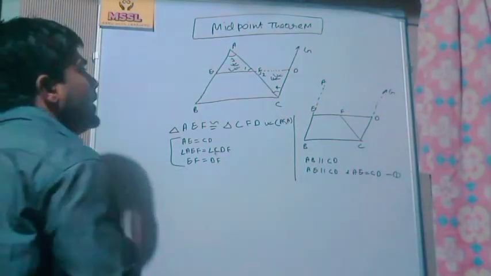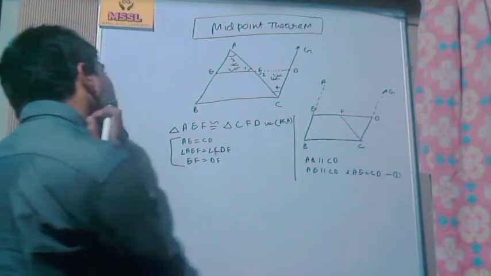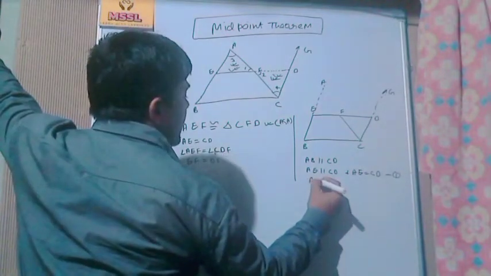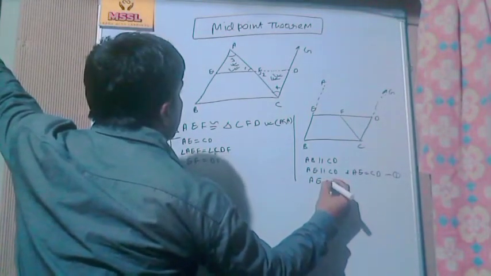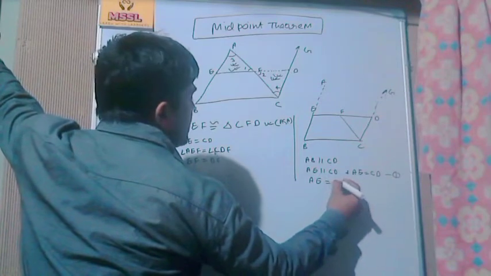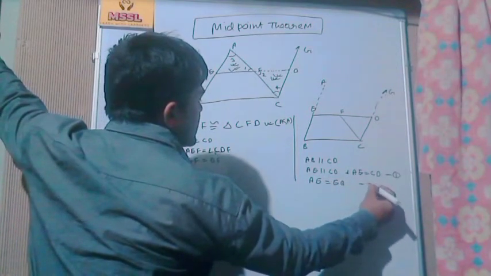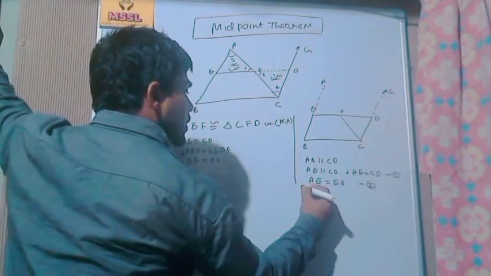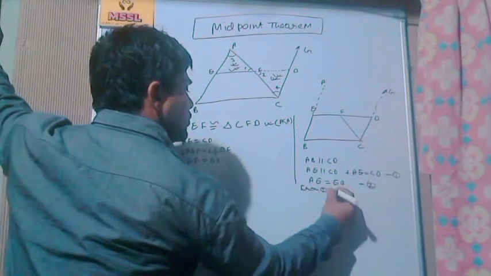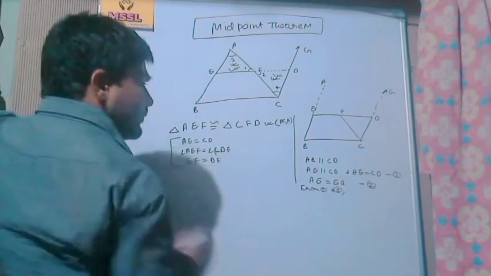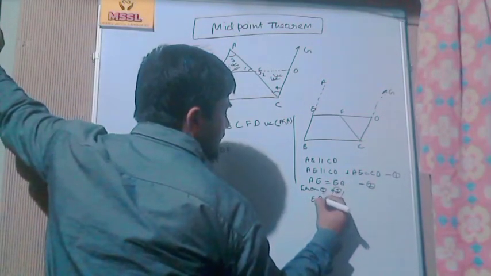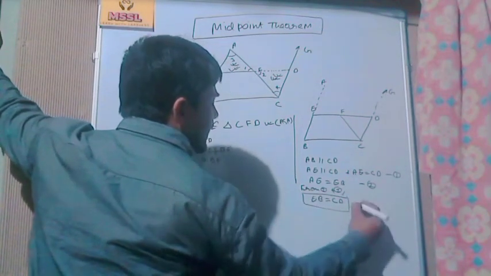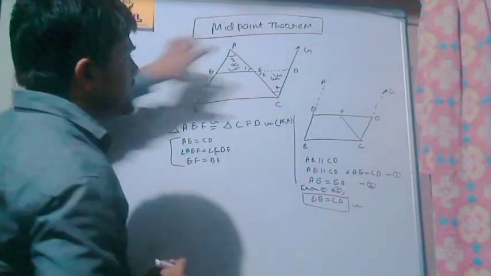Now, also one thing you can write is AE equals EB also. This is equation second. So from 1 and 2, can we write EB equals CD also? We can write this EB equals CD.